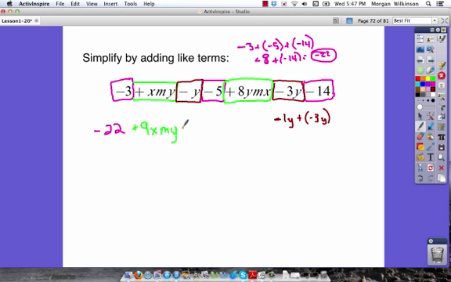So we can just write that once over here. We're going to put plus, and then negative 4y in parentheses, like this. So we're always adding as we go through. And that's our final answer. Negative 22 plus 9xmy plus negative 4y, and we're all done. You can go ahead and box that and move on to the next problem.